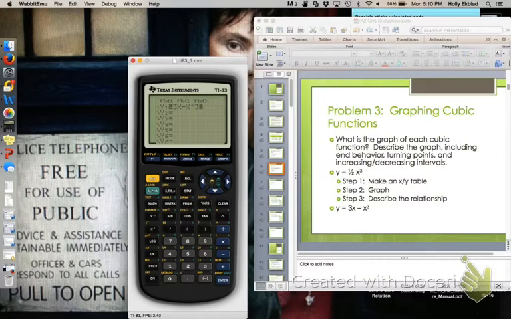Okay, I'm going to graph it. We probably won't be able to see anything because I'm zoomed in so far. Oh, we can see some of it, but it looks just like a line. It shouldn't be a line.